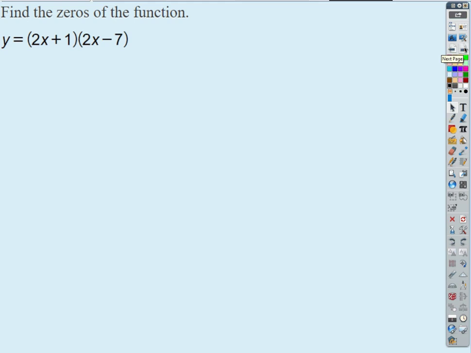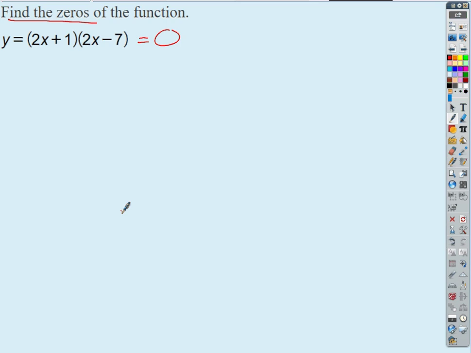Okay, very simple. This is on there just to remind you what our strategy is. If it says find the zeros of a function, how do I find the zeros of a function? What is that telling me to do? Find the zeros. I'm setting it equal to 0 and finding the x-intercepts by using the zero product property, right? This one's hard work is already done. It's already factored. There's not much left to do. When could the left factor times the right factor equal 0? What's the only way it could work?